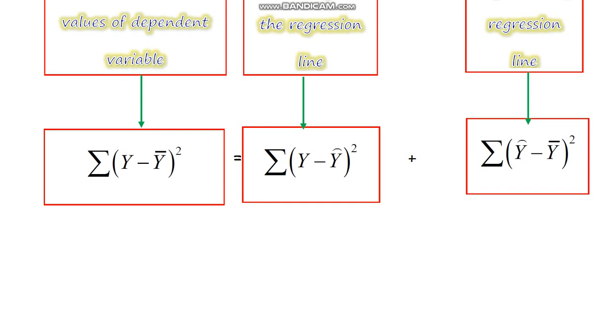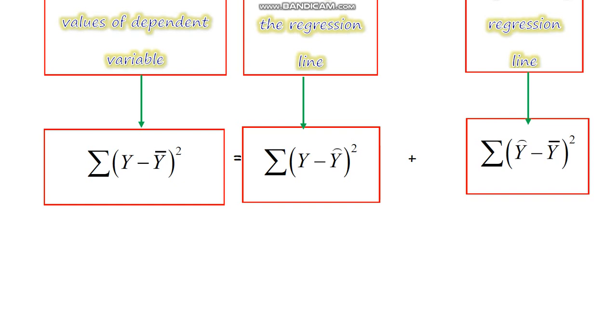Total variation: the dependent variable y minus its mean y bar, squared, and summing this term, we get the total variation. Unexplained variation is also called the error term.